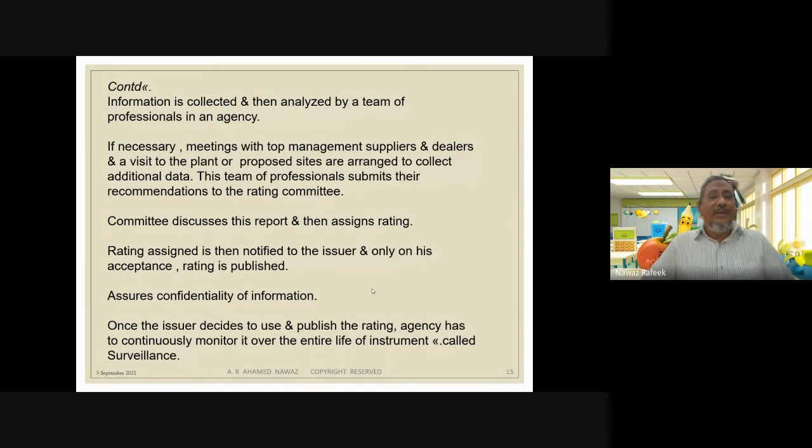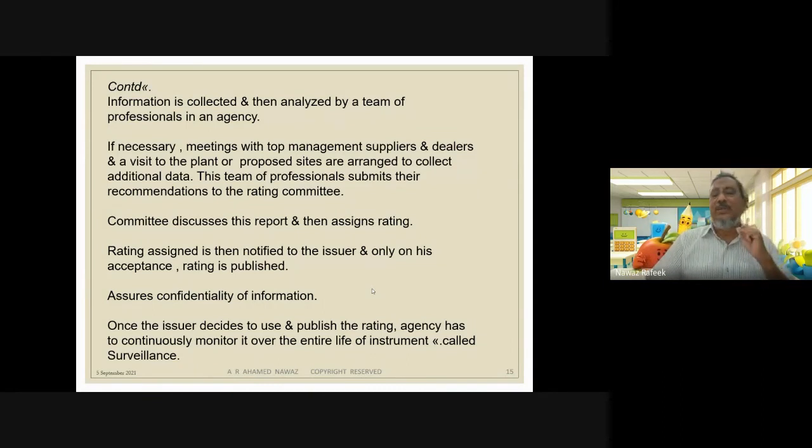Then the rating committee of the company will discuss this report in detail and assign the rating. Now here we have to understand that when a rating is assigned by a rating agency, it is something called statutory. They are bound for the information.